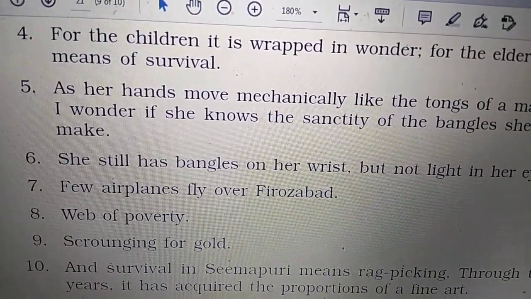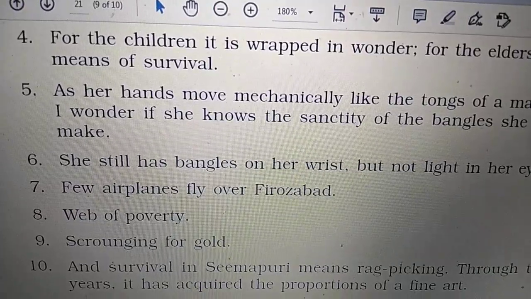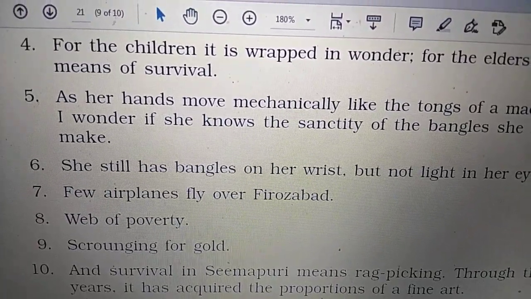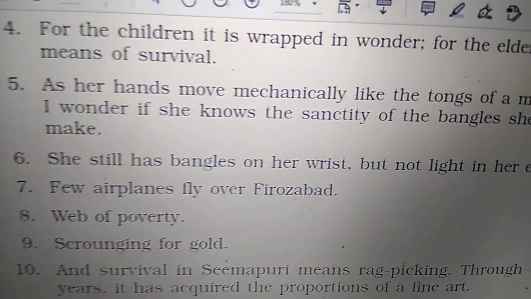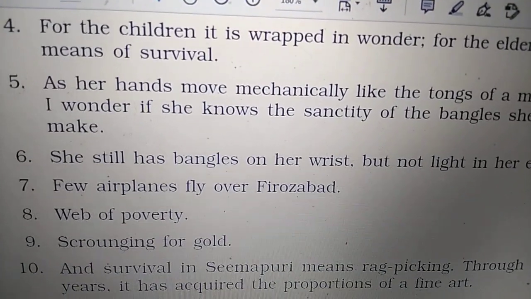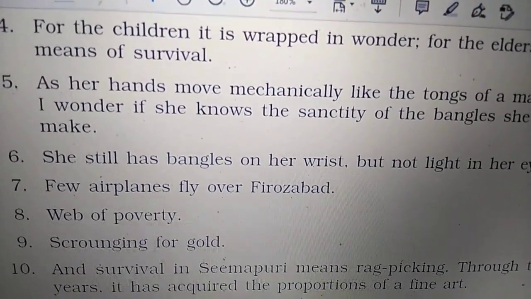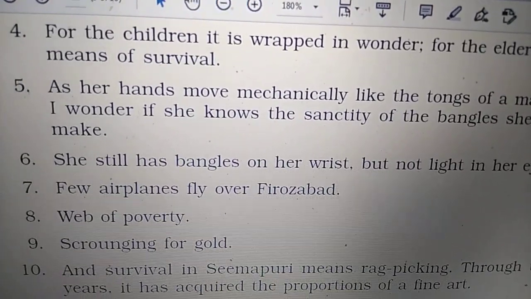Next is "scrounging for gold." In this phrase, the author has used the literary device hyperbole. Earlier, the pronunciation of hyperbole was different, but now it has become hyperbole.